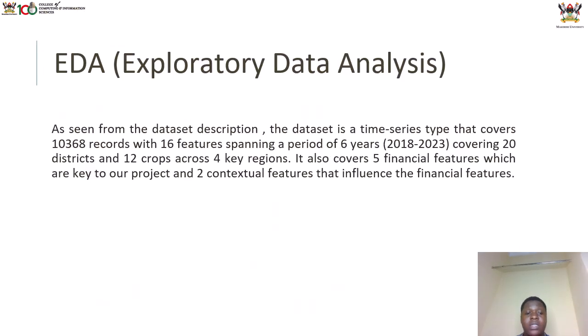So the exploratory data analysis is here. This dataset spanned around 4 key regions with 12 crops and over 20 districts. It had 5 financial features that helped contribute to our final aggregated cost, but it also had some features that contributed to our conceptual factors, for example, the rainfall index column and the soil fertility index column.